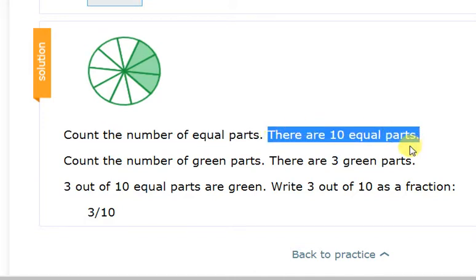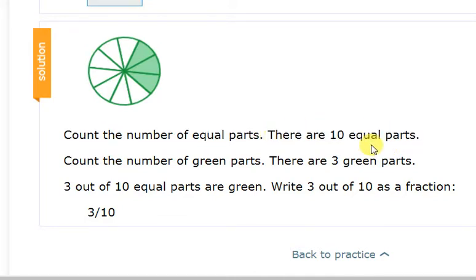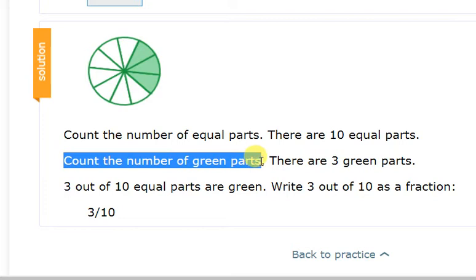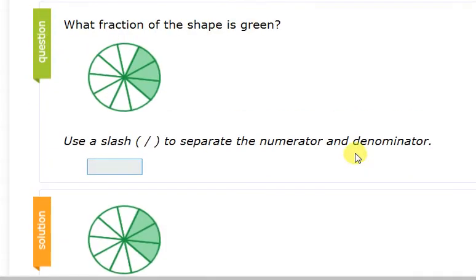For fractions, it is very important that you are making equal parts of something. So you have a total of 10 parts in this figure. Now what is the second thing? Count the number of green parts. If you look at the question, you are supposed to find the shaded region which is green.